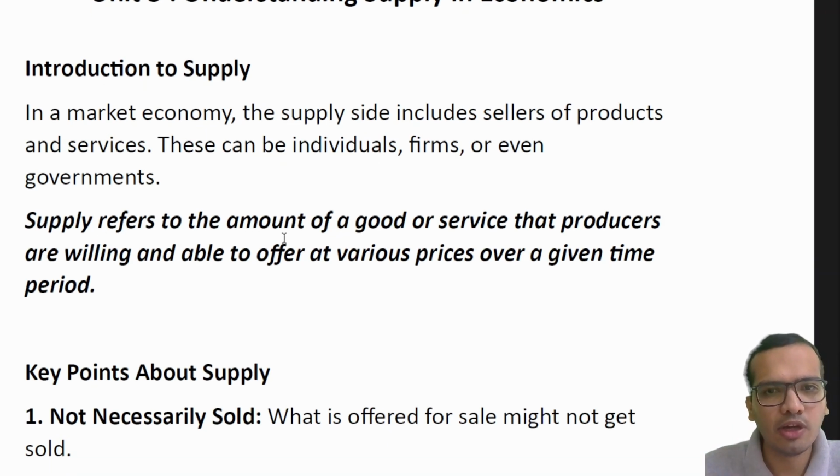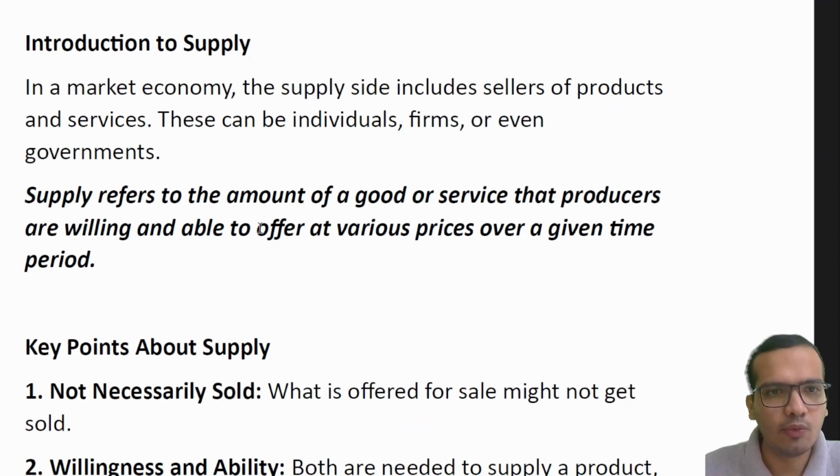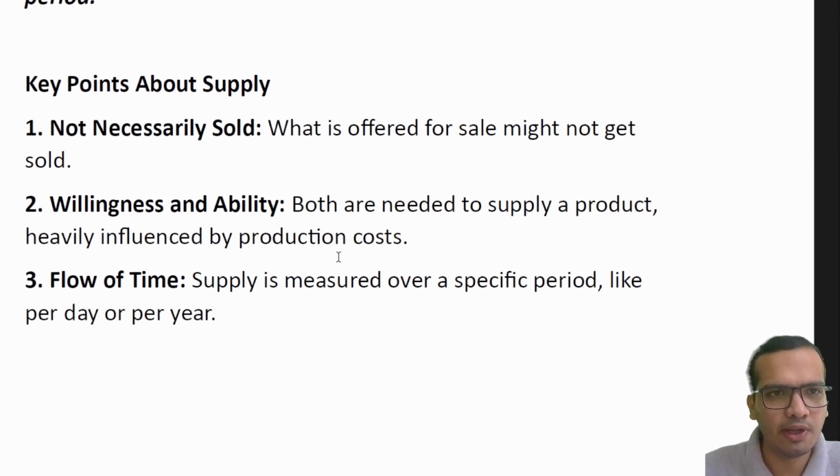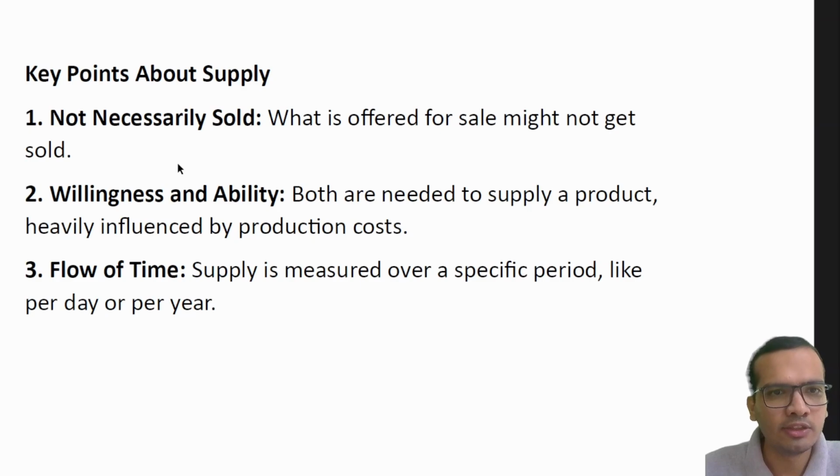So supply refers to the amount of a good or service that producers are willing and able to offer at various prices over a given period of time. There are some key points about supply. First, not necessarily sold. What is offered for sale might not get sold. Means you have kept the goods for sale, but that doesn't mean that all the goods will be sold.